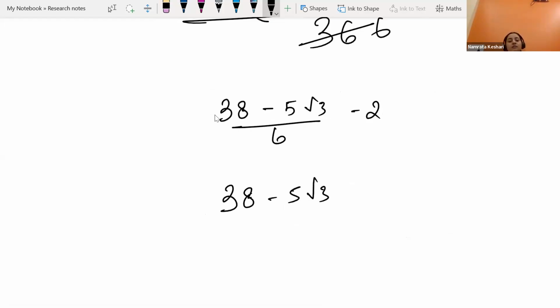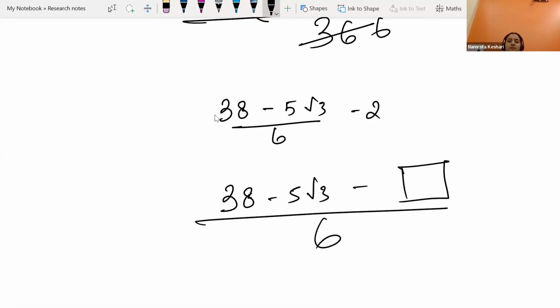Now we will take 6 as the LCM. Can you tell me what will be here? LCM I have taken. If you are getting confused all of a sudden about what I did, LCM I have taken. Can you tell me what will be there in the box? 12, yes, minus 12. Perfect.